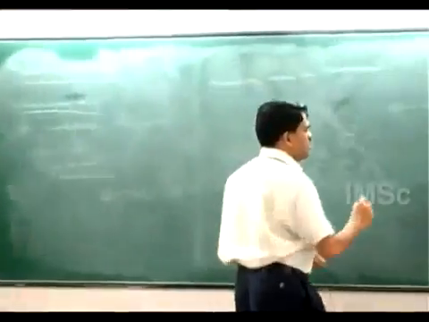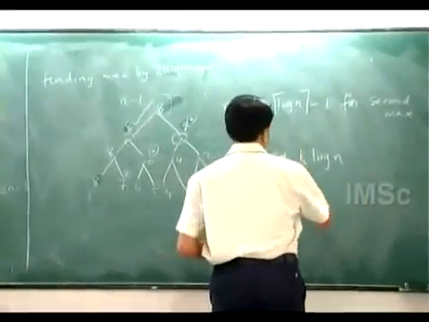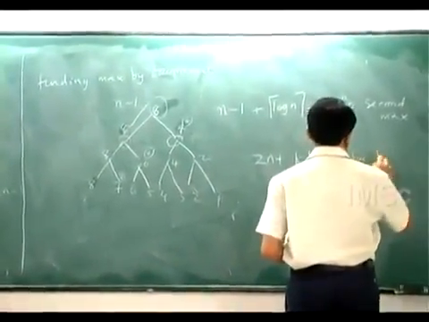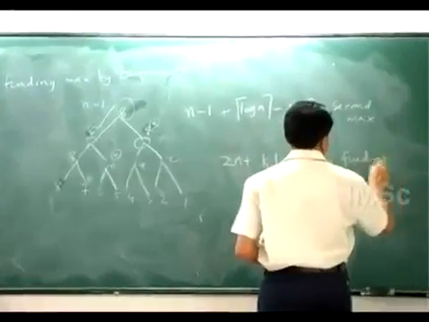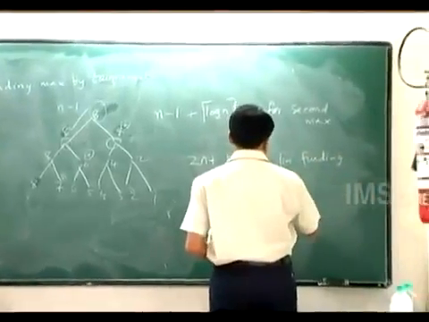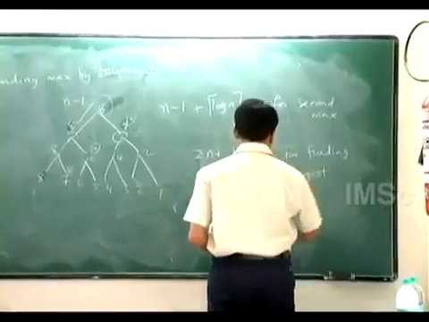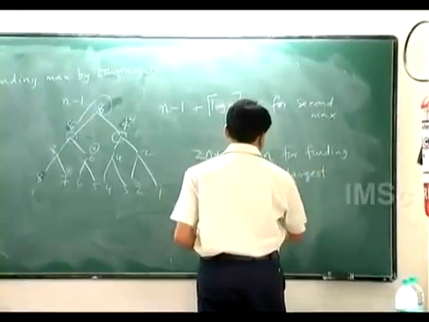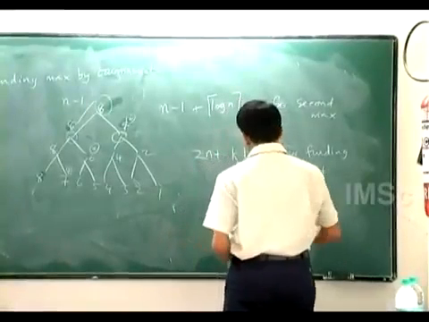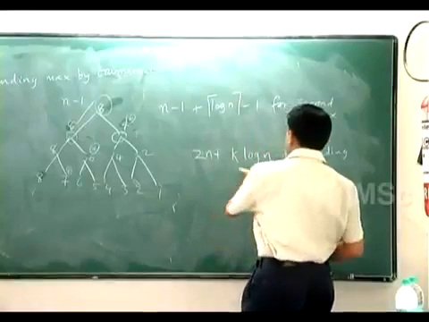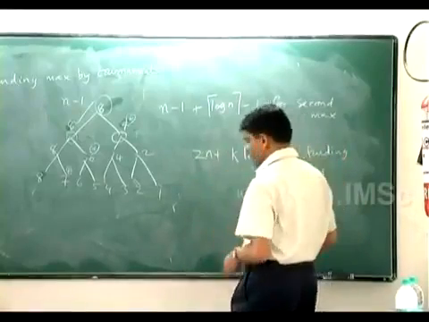Okay, so in general, you can build a heap using about 2n comparisons. So build a heap and then do delete max, and you get your kth largest.